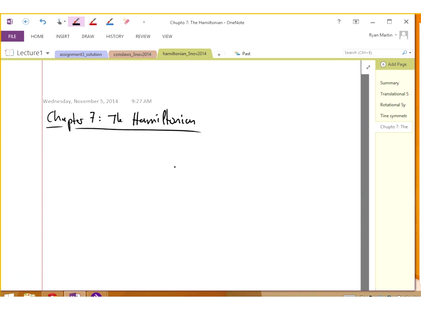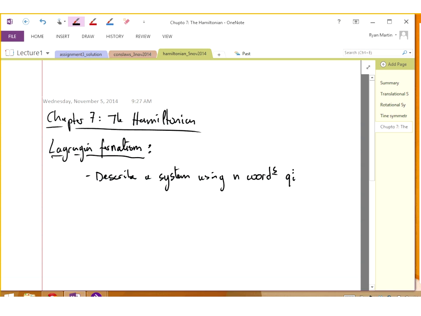We describe a system using n coordinates, q_i, and we use the Euler-Lagrange equation to get second order ODEs, ordinary differential equations, for the q_i as a function of t.